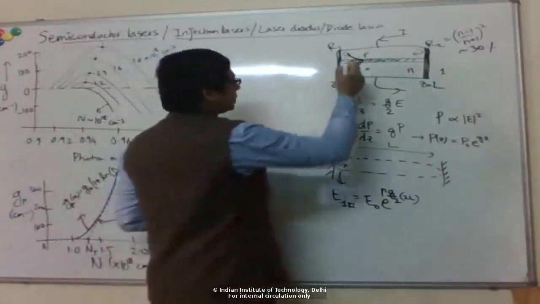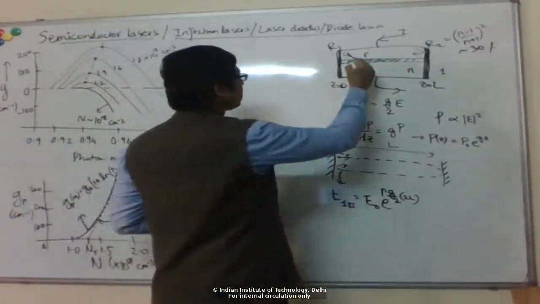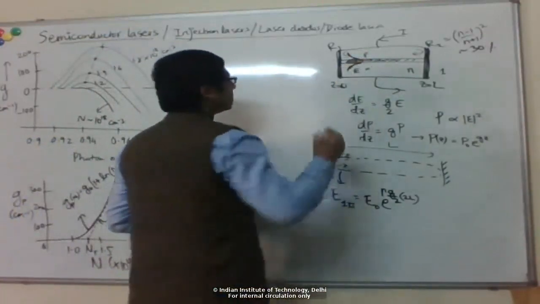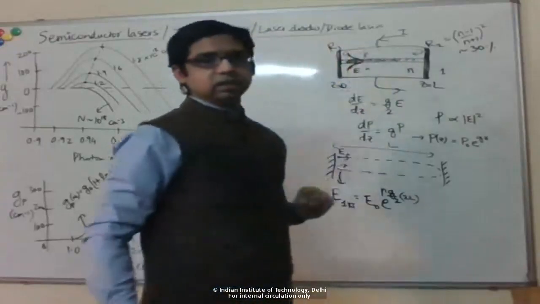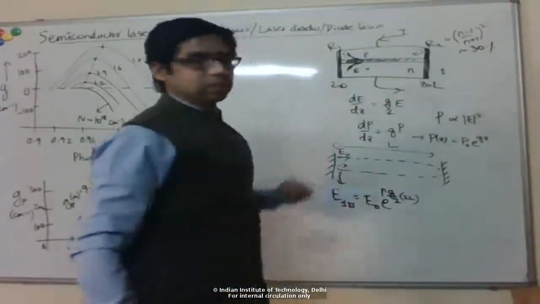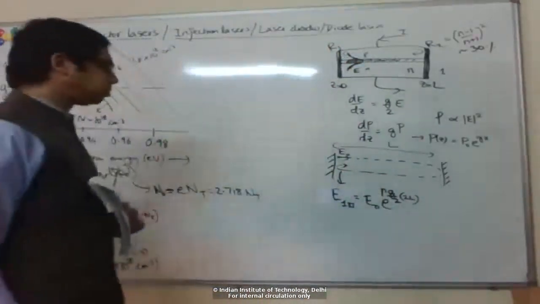Just like for a mode in an optical fiber, you can calculate the fraction of power which is within the active region. Only that fraction of power is experiencing the gain and not the rest of it. To take that into account, there is this confinement factor capital gamma.